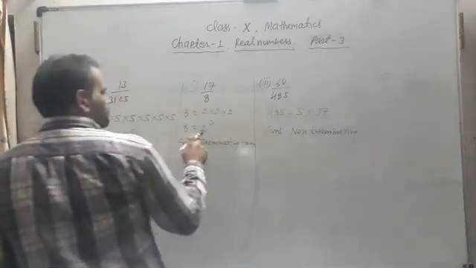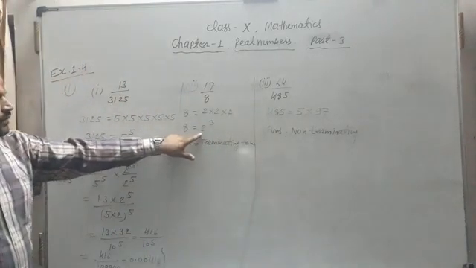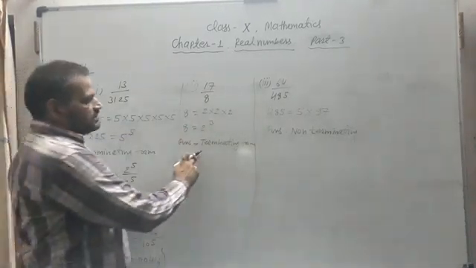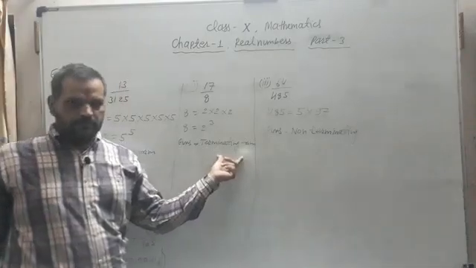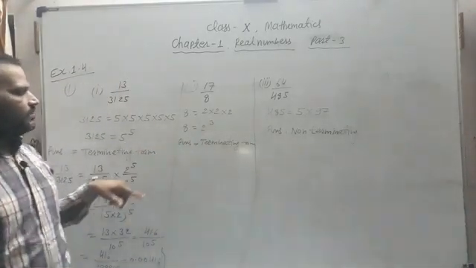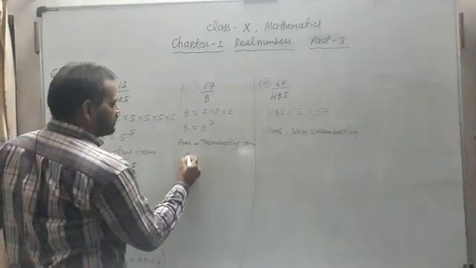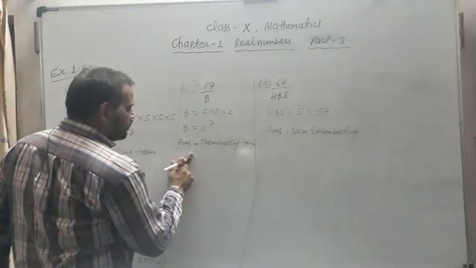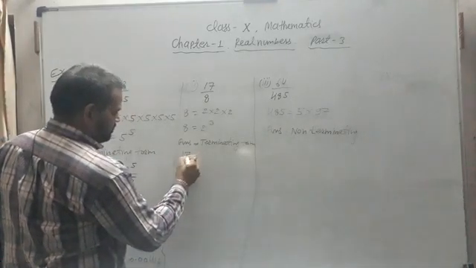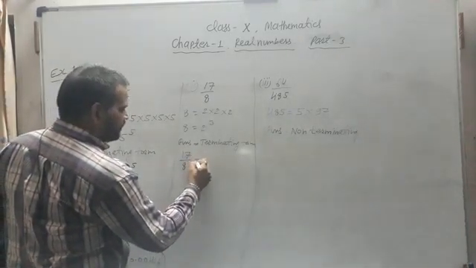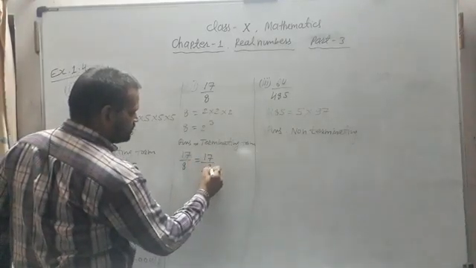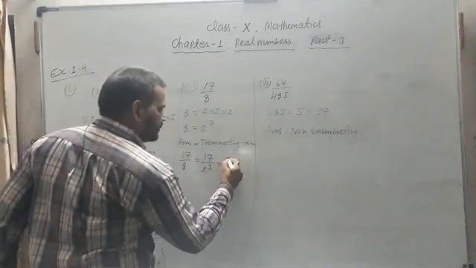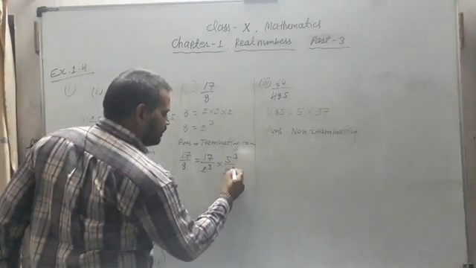Again the factor is of the form of 2, so it is also terminating form. Now how will we convert the terminating form back into decimal form? By the same method. 17 upon 2 to the power 3. Now the base is 2, so we multiply by base 5, 5 to the power 3 upon 5 to the power 3.